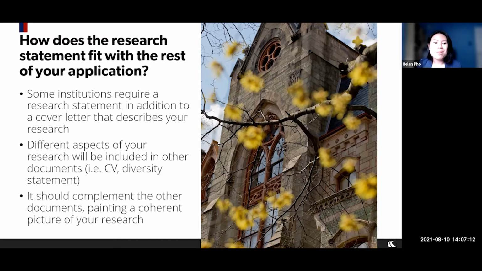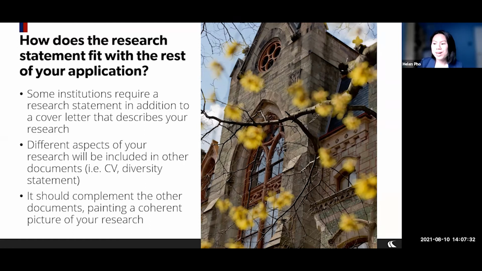The key thing to remember is that no matter how many places you end up writing about your research in all of these different job documents, it really should paint a coherent picture of your research, and it should complement your description of your research throughout the file.